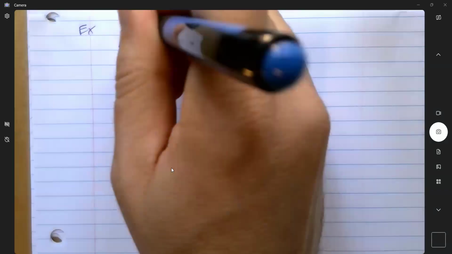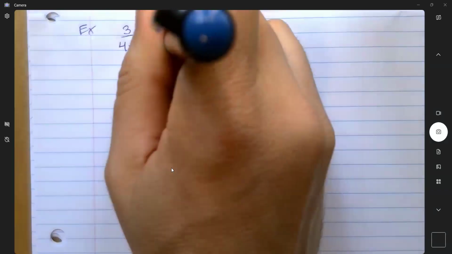All right, next example. Let's see, we're going to combine 3 over 4v minus 7v over 12.